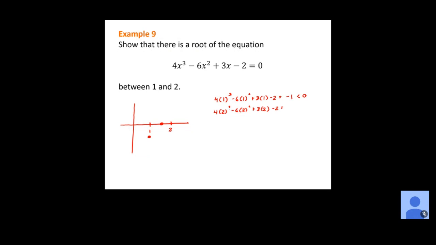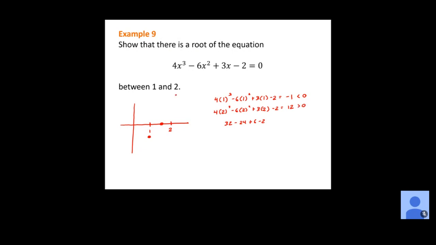Let me double check. 2 to the third is 8, times 4 should be 32. Minus 6 times 4 is 24. Plus 6 minus 2. Okay, good. So that should give us 8 plus 6 is 14, minus 2. This should give us 12. And so 12 now is a positive value that is greater than 0.